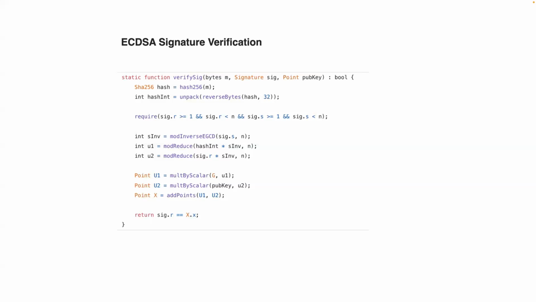What are the three things when you run any kind of signature verification scheme? What are the three inputs? The message itself, the public key, and the signature that you want to verify.